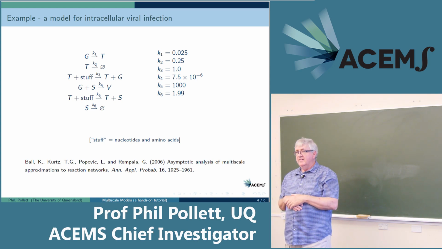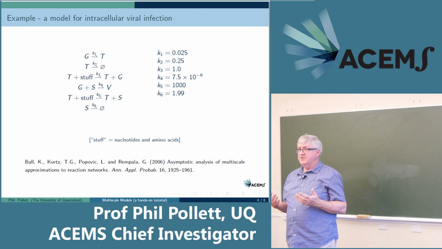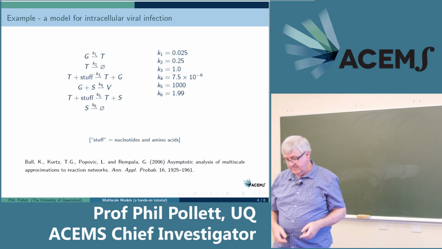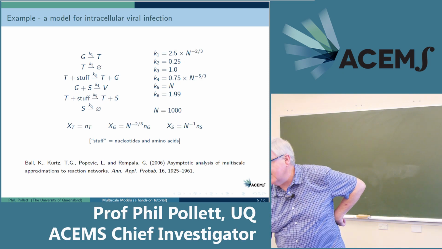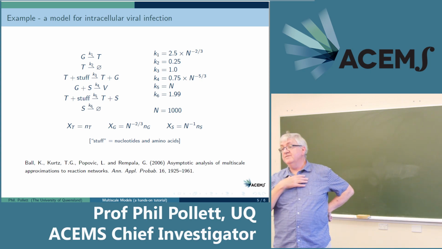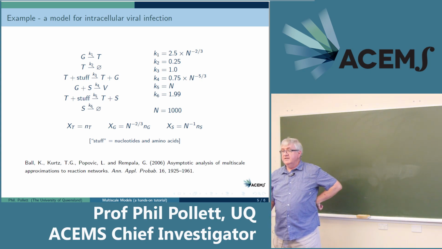Now, I'm not going to give full details of their approach, but to identify a scale parameter n, which in this case they chose to be K5, they expressed the other reaction rates in terms of n.